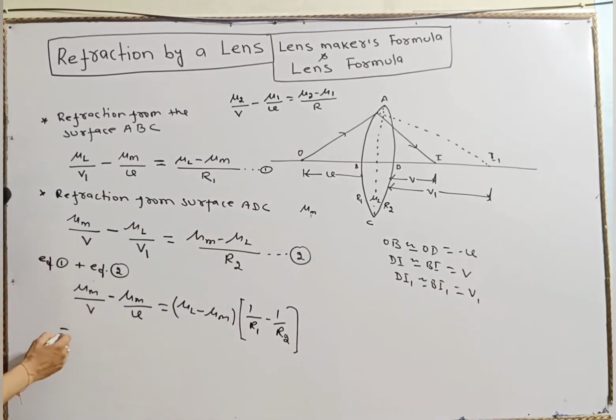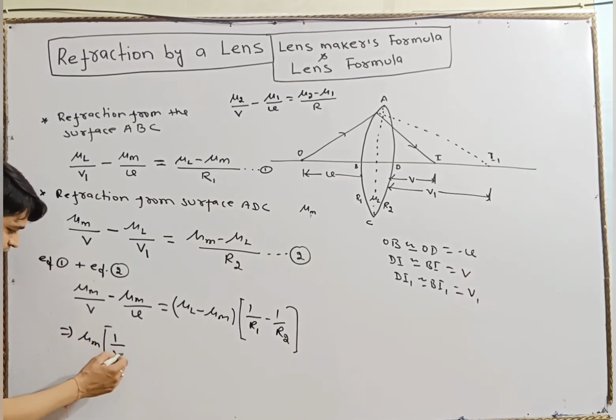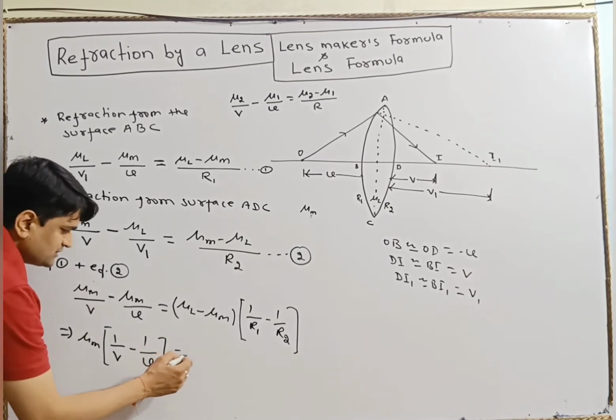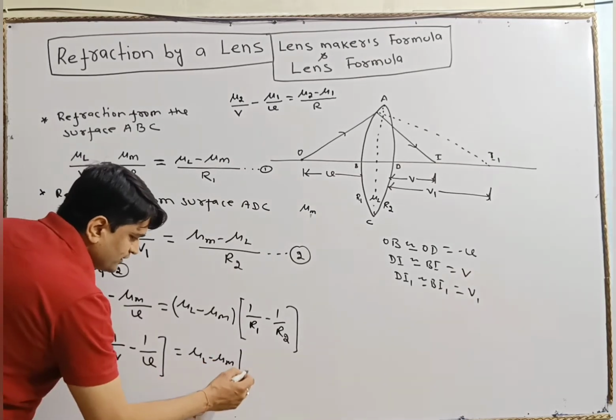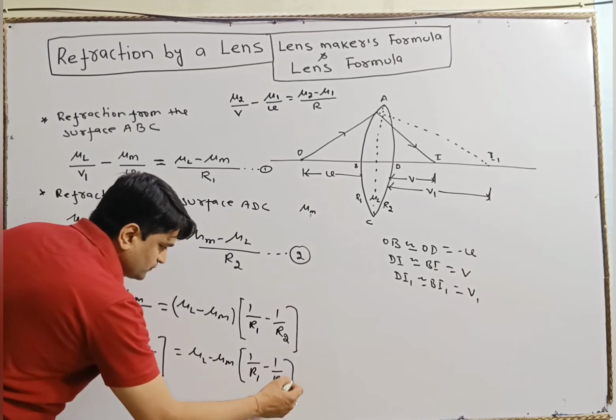On the left, mu M is common, and it will be 1 upon V minus 1 upon U, and that is equal to mu L minus mu M times 1 upon R1 minus 1 upon R2.